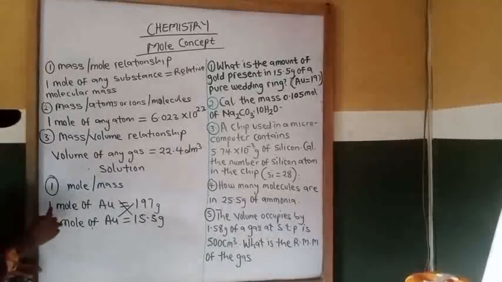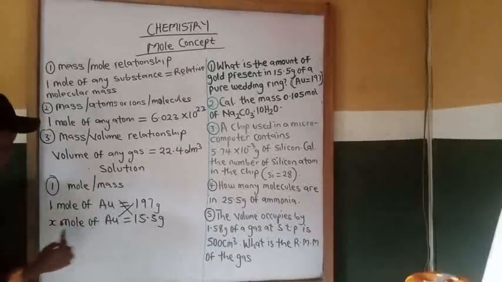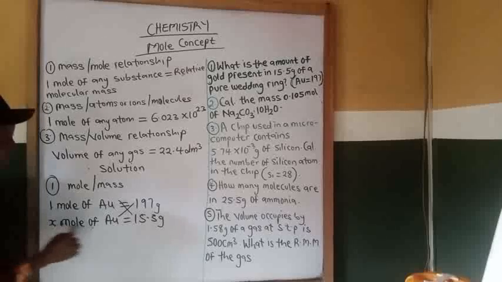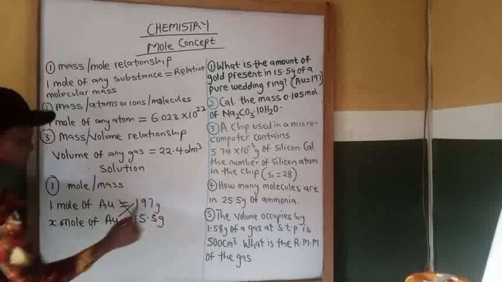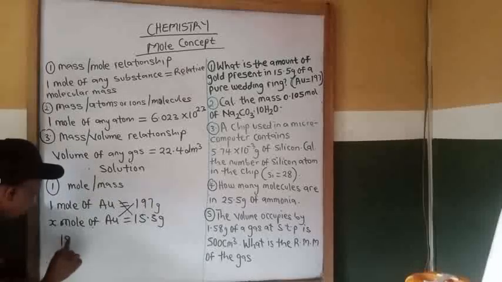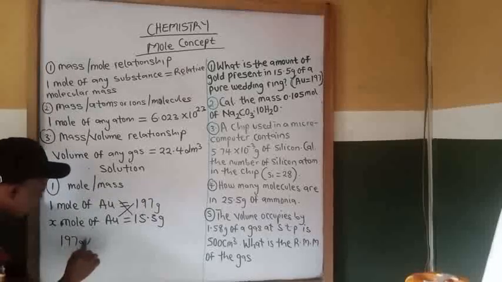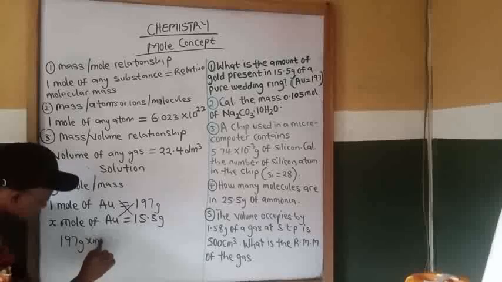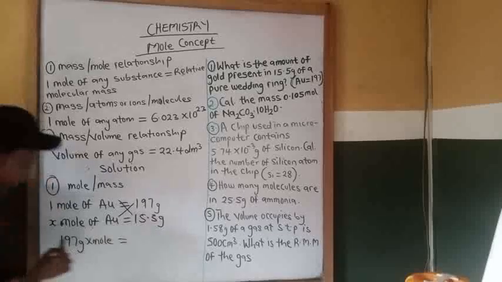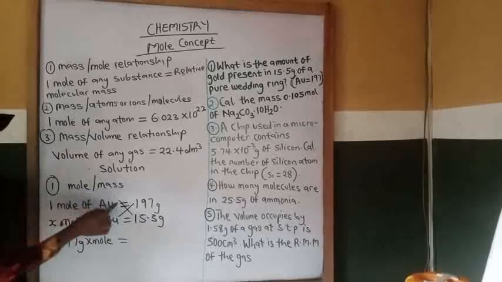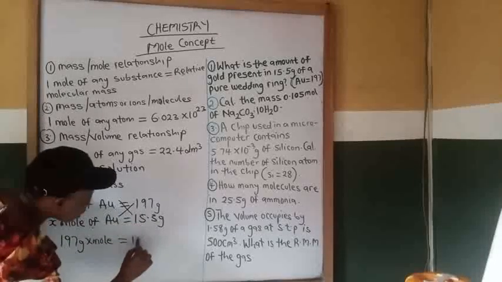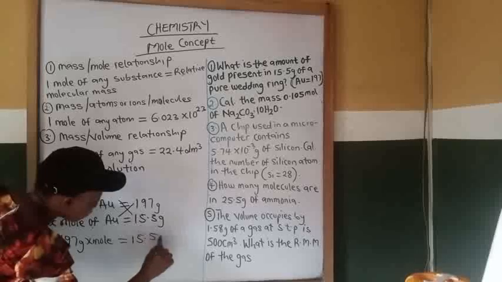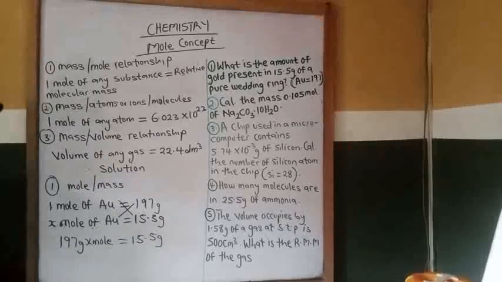So, X times 197, that is X mole times 197 grams, will give us 197 gram X mole, equal to 1 times 15.5 grams, which will give us 15.5 grams.